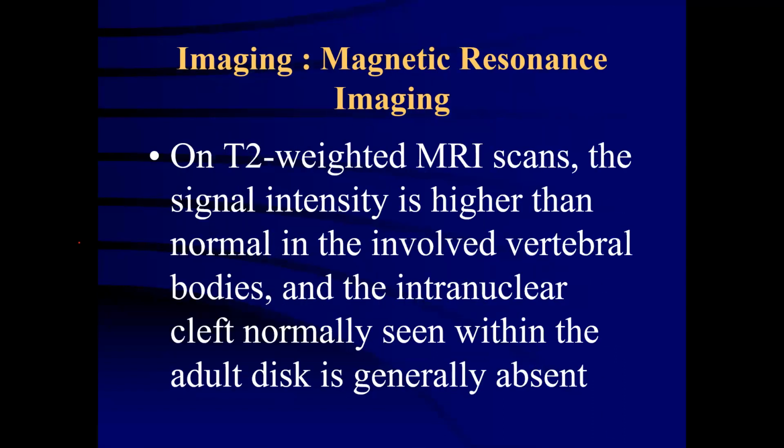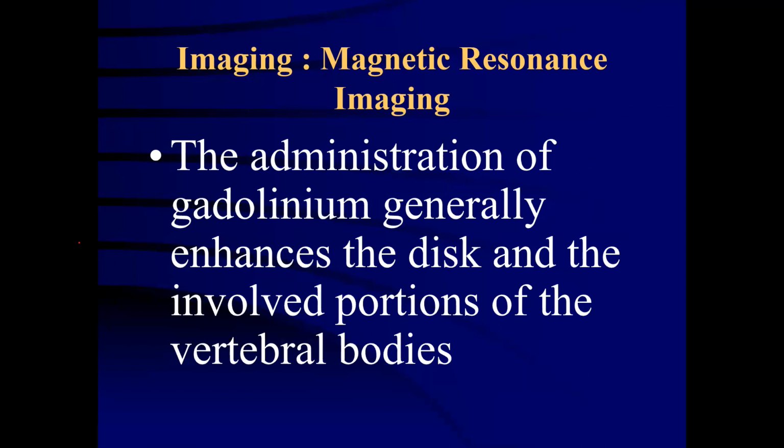On T2 weighted MRI scans, the signal intensity is higher than normal in the involved vertebral bodies, and the intranuclear cleft, normally seen within the adult disc, is generally absent. The administration of gadolinium generally enhances the disc and the involved portions of the vertebral bodies.